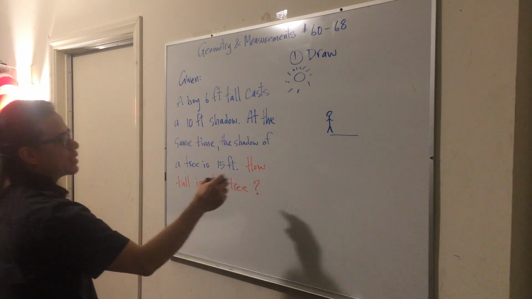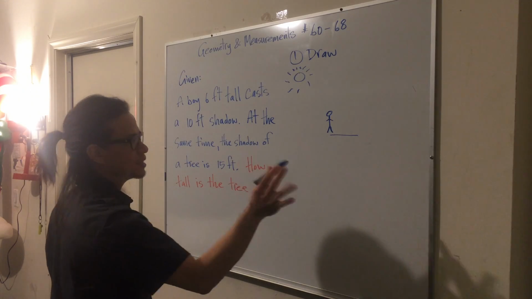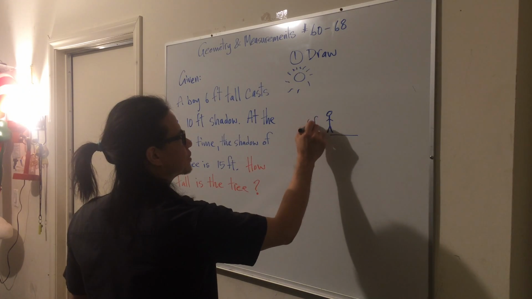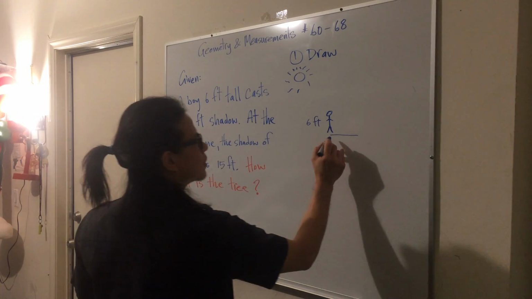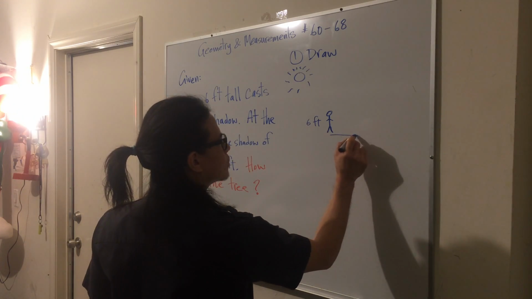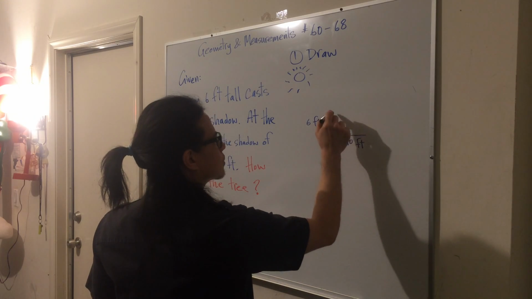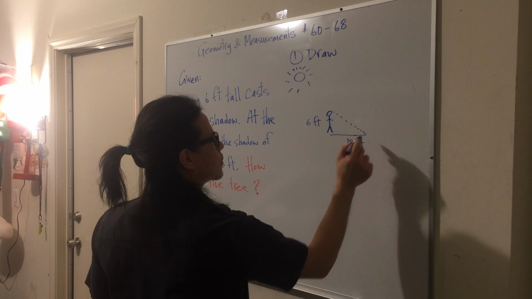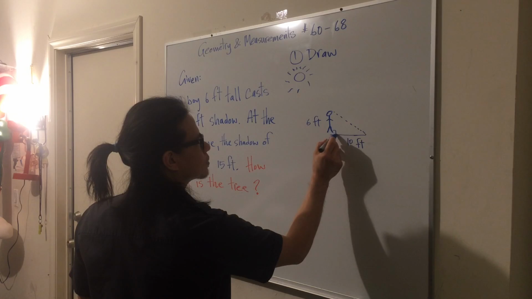Given that the boy is 6 feet tall, 6 feet, and then he casts a shadow that is 10 feet. So the shadow is 10 feet. So we have what you can say is a right triangle.